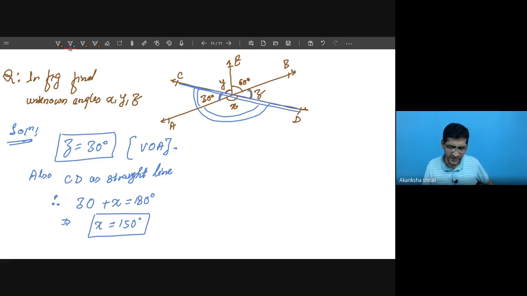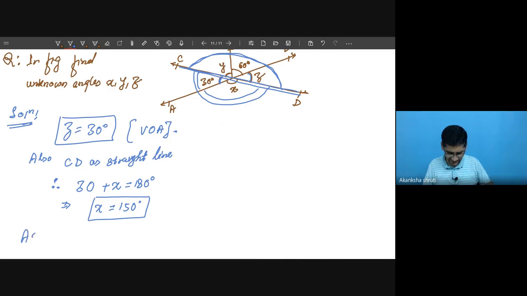Now student, we have to calculate Y. How can Y be calculated? Again you have to consider this way. Are you getting like this? Getting now?